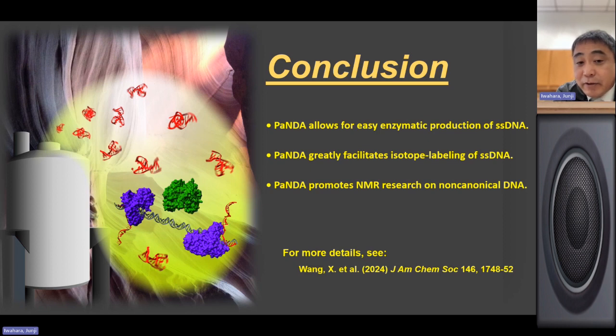Therefore, it promotes NMR research on non-canonical DNA. This work has already been published, and everything I showed today is already available in the paper indicated here. So if you would like to know more about the work, please check this paper or contact me.